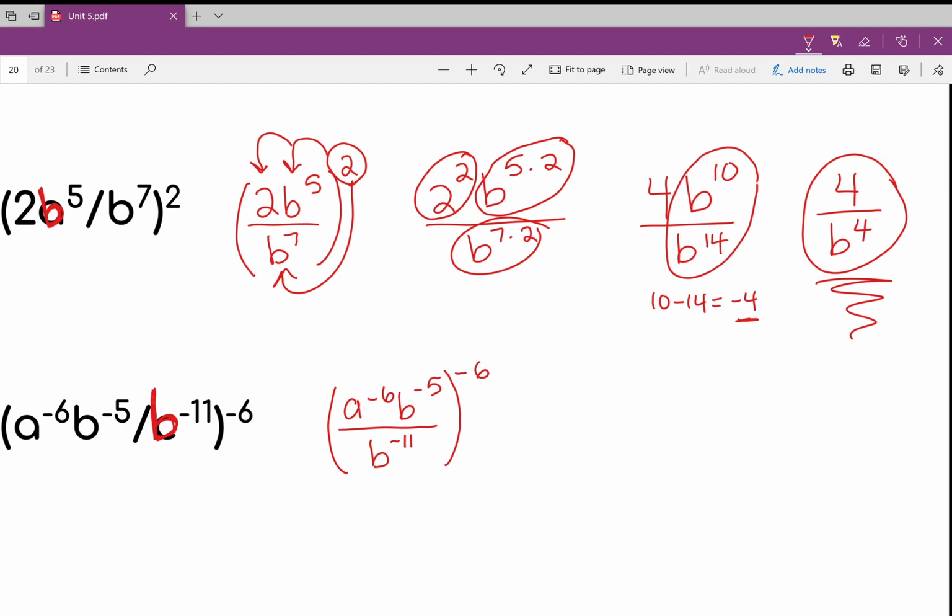So first we need to give this negative 6 power to everything inside the parentheses. So this B on top, this A on top, and this B on the bottom.